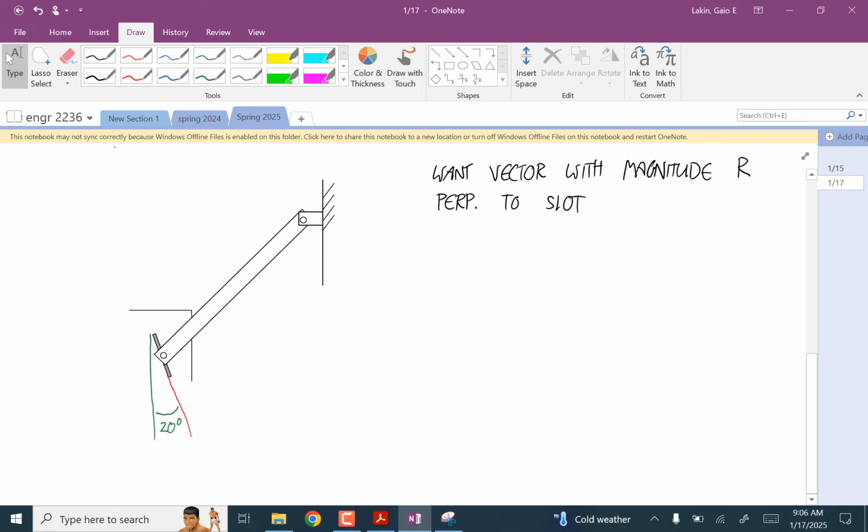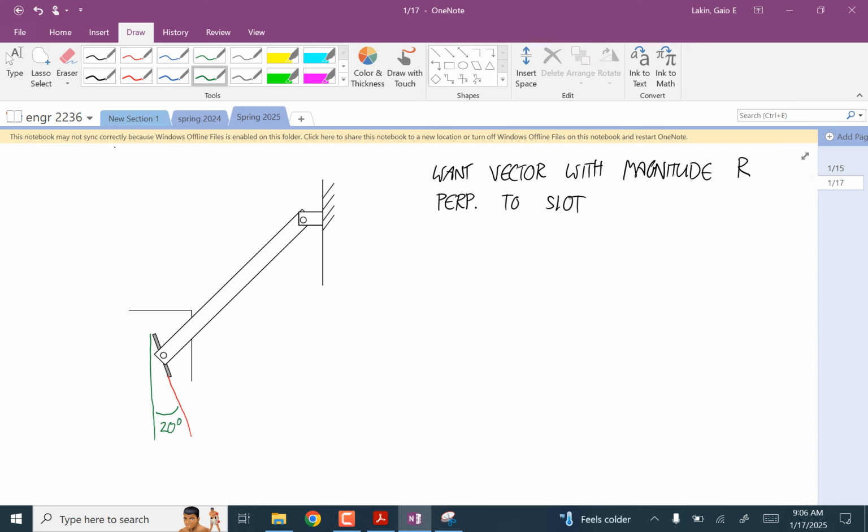Okay, so this has sort of, the slot is referenced to the vertical, and then we're doing something referenced to the slot. This is a case where it's easiest to think about it in steps.